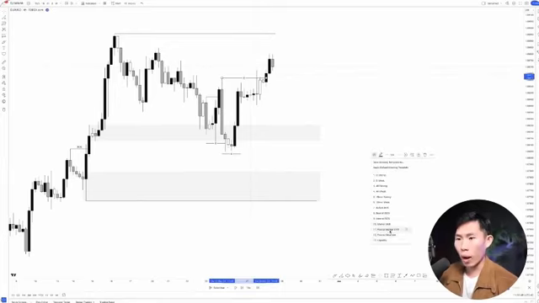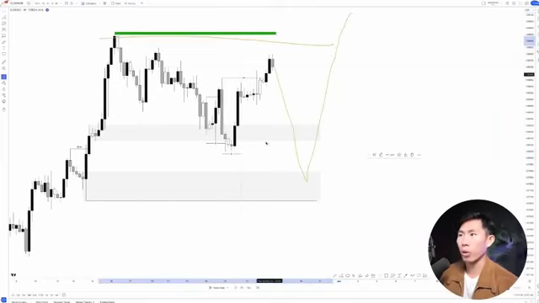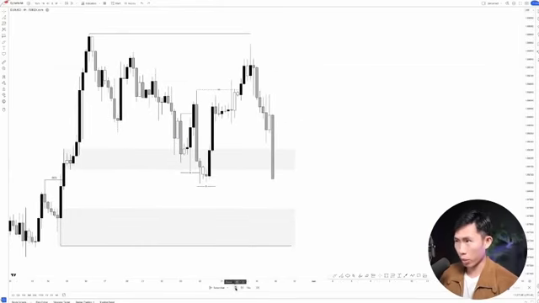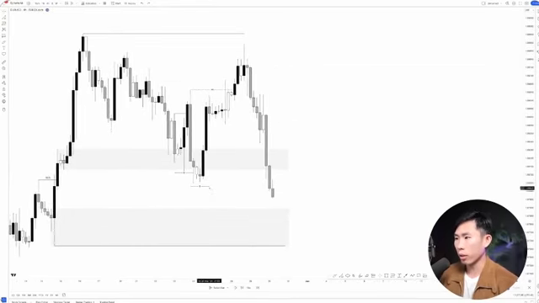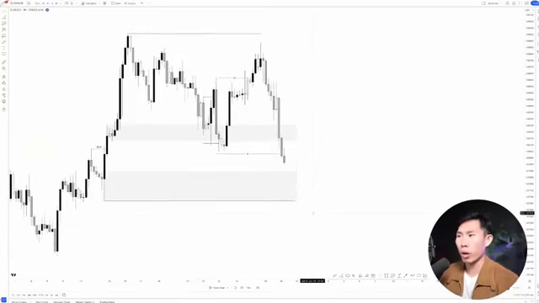Okay, but right now, remember, your extreme zone is unmitigated. So what can potentially happen is that price is going to come down there, sweep the available liquidity from this strong low before the real move actually happens, and take out this swing high right here. You can see price came down later on to take the available liquidity from that strong low. Once again, you must understand the rationale of this.